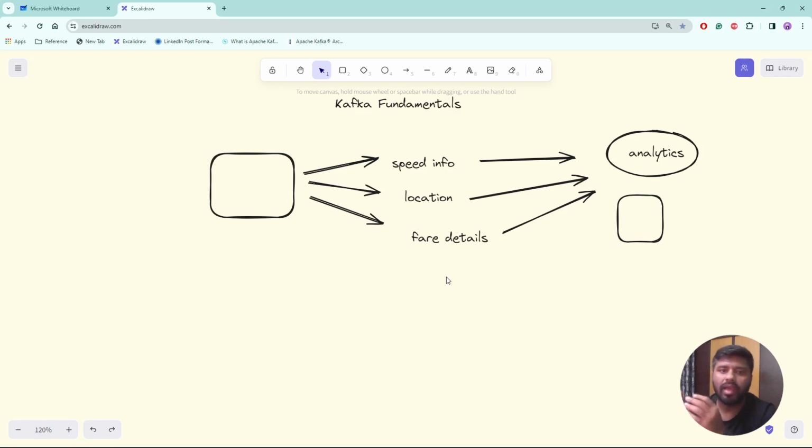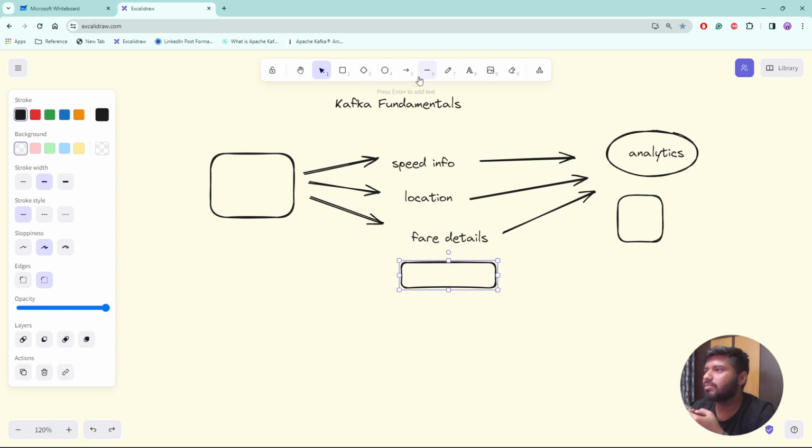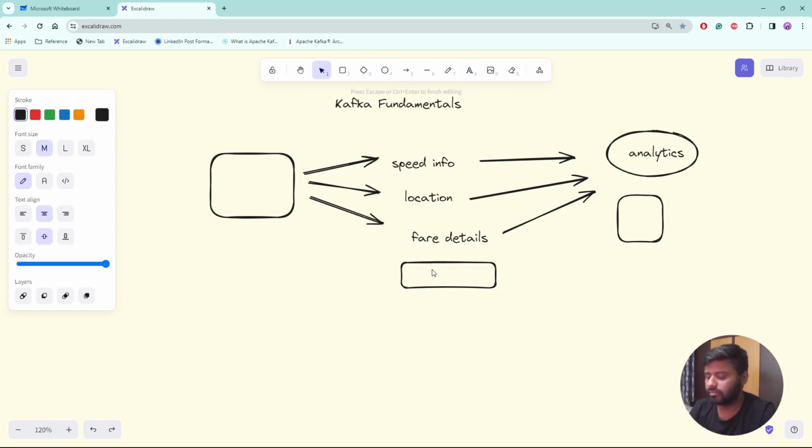The biggest issue is throughput, because the throughput of a db is always low, whereas Kafka has high throughput.